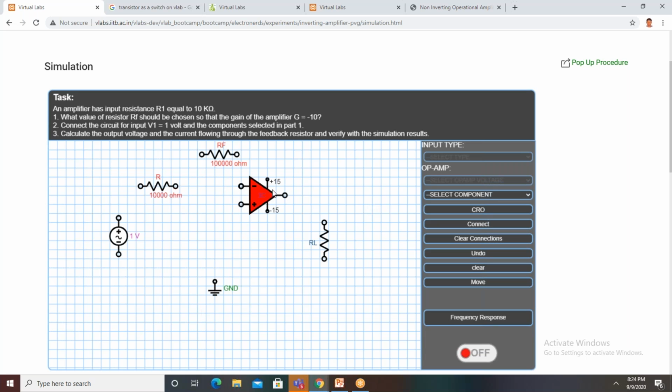You click here and this. The non-inverting input is connected to ground. This is also connected to ground. This is connected to the resistance.